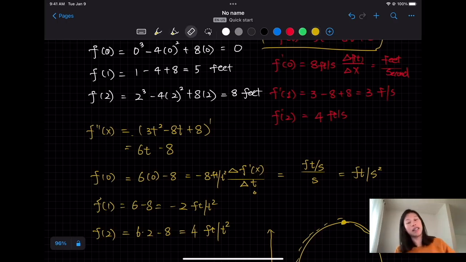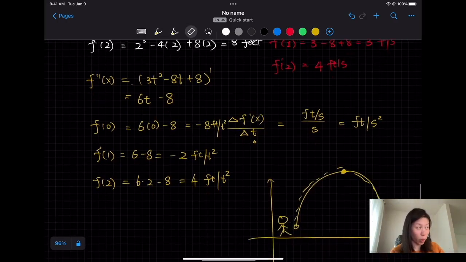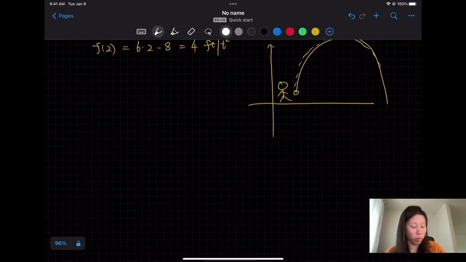Okay, and now the next concept is inflection point. So what is an inflection point?